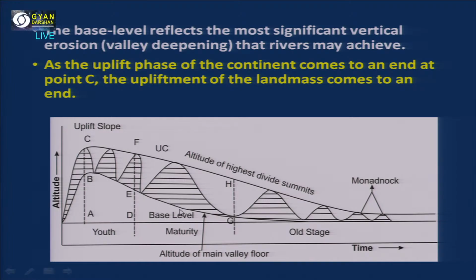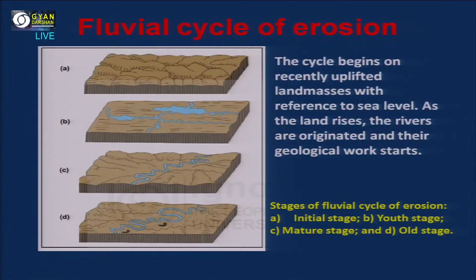It is the base level that reflects the most significant vertical erosion or the valley deepening, and as the uplift phase of the continent comes to an end at point C, the upliftment of the landmass comes to an end here. So this shows how with time the elevation changes for the entire stage of the river.